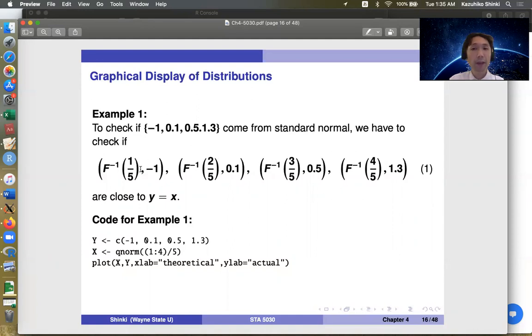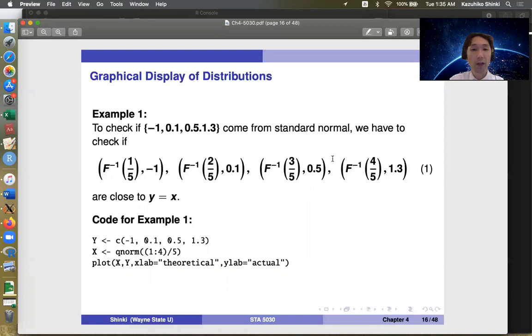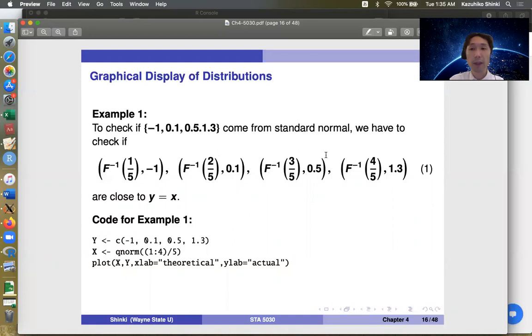So if we have 4 observations, one typical realization is to plug in 4 numbers with equal spacing in the interval 0 to 1. Then 1/5, 2/5, 3/5, 4/5 is a reasonable expectation for random numbers.